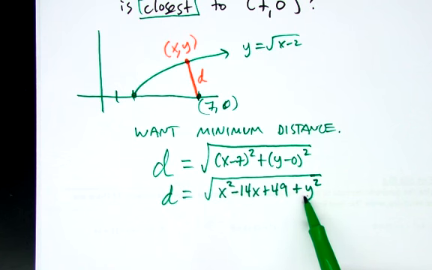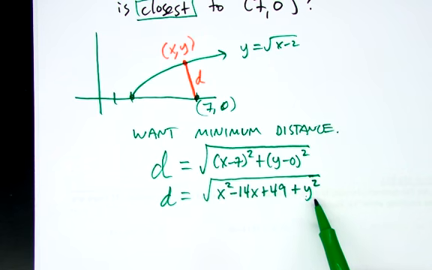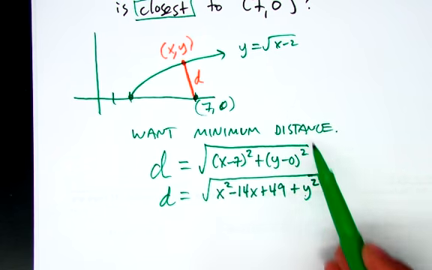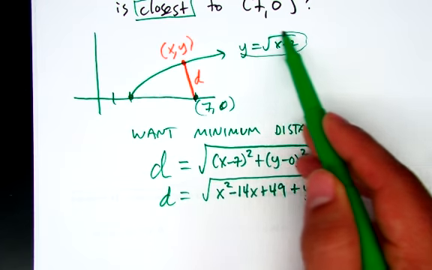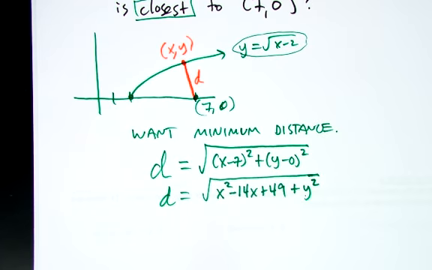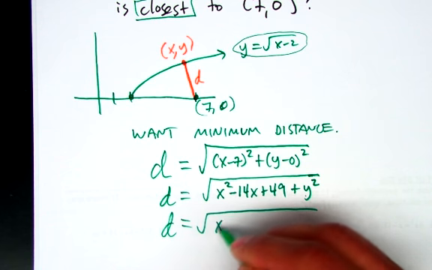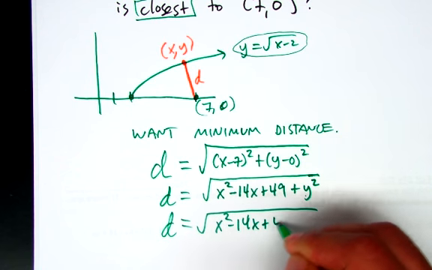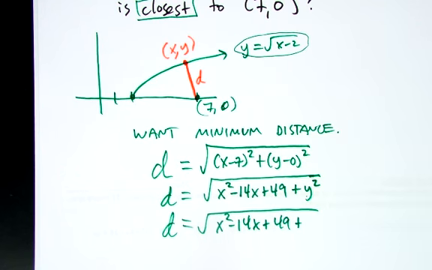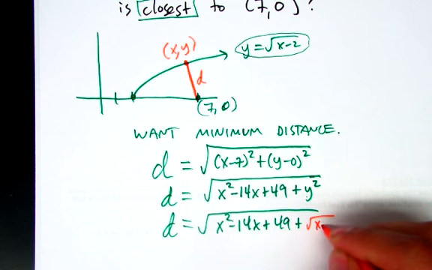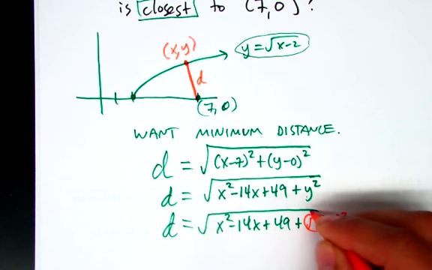Okay. Do we happen to know what y is? Yeah, they told us it's the square root of x minus 2, right? So why don't we go ahead and swap that out. Plug it in for y.